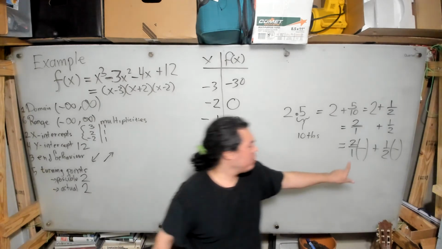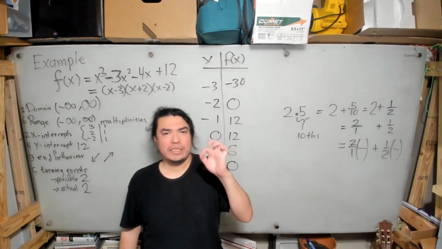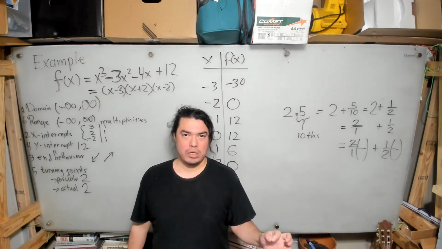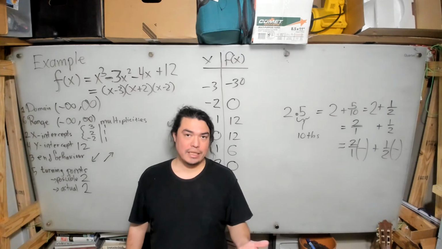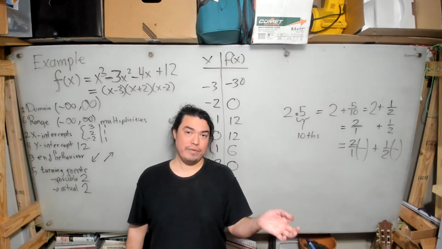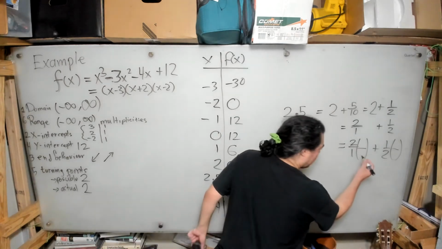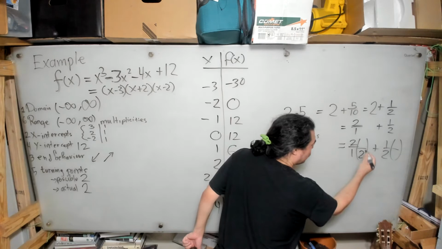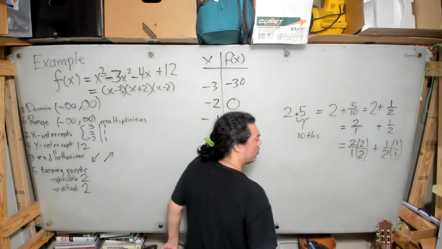I look at 1 and I look at 2 and ask, is there a multiple of 1 and a multiple of 2 that is common to both? In this case, I know that 1 times 2 is 2. 2 times 1 is 2. So 2 itself is a common multiple of 1 and 2. So here, I'm going to multiply this one by 2 on the bottom and on the top, and this one by 1 on the bottom and 1 on the top.